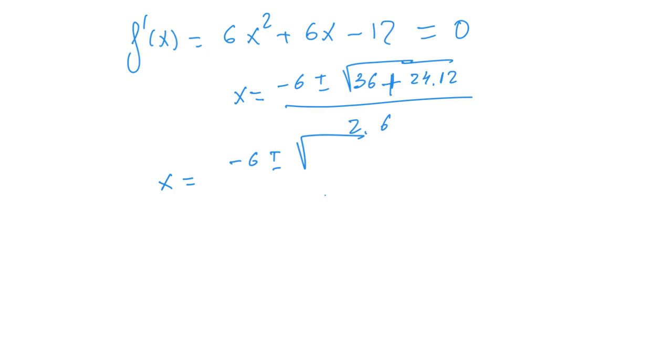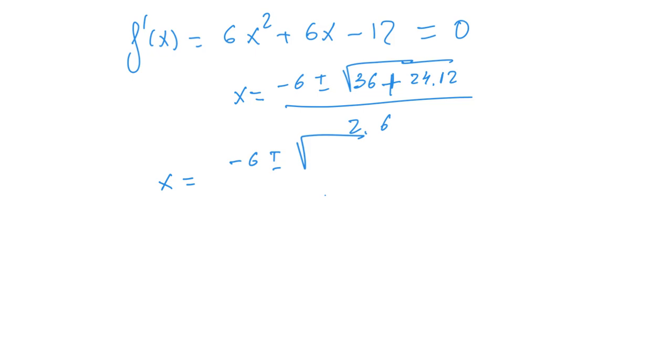Let me take a calculator. Just a moment. 24 multiplied by 12 is 288, plus 36 is 324. The square root is 18.